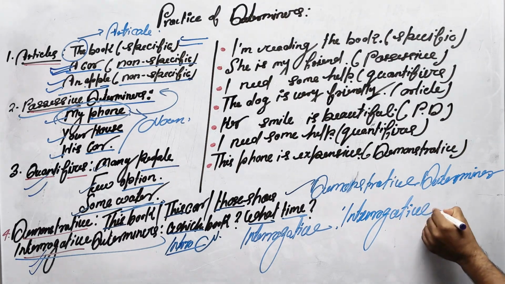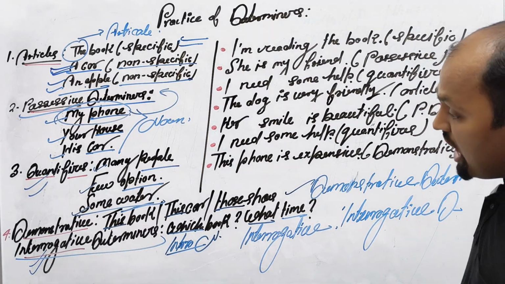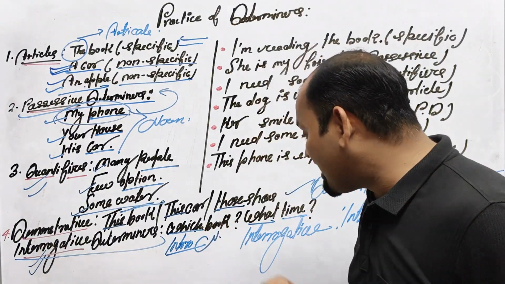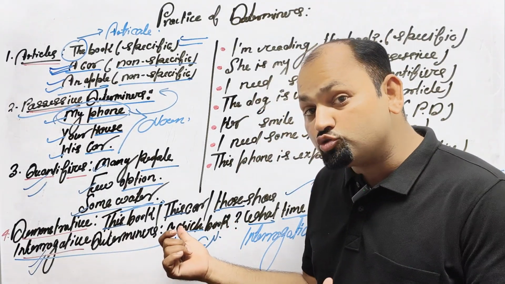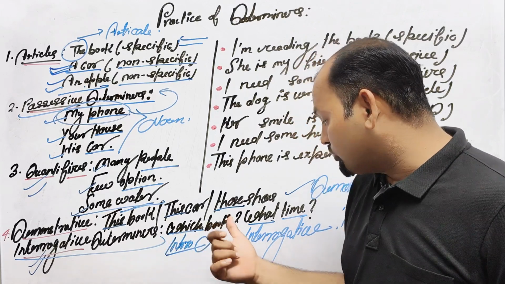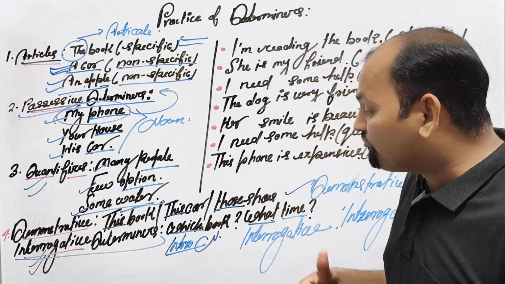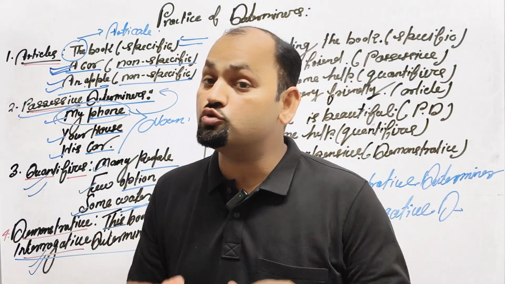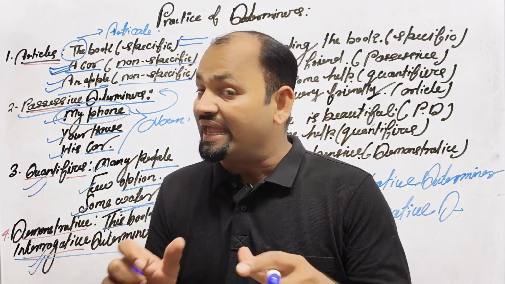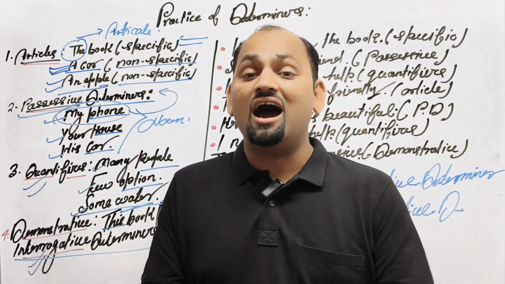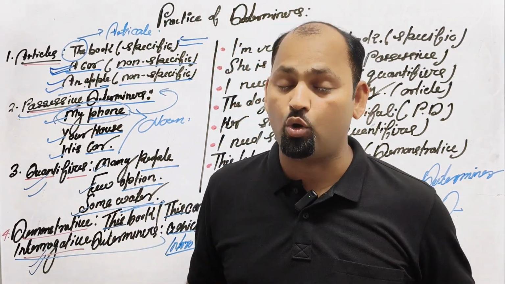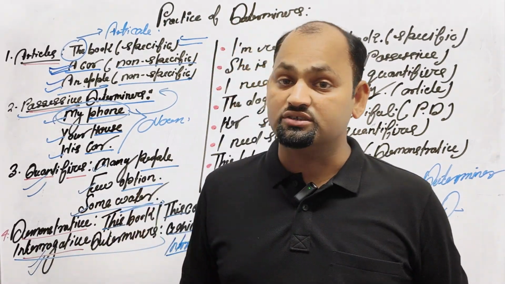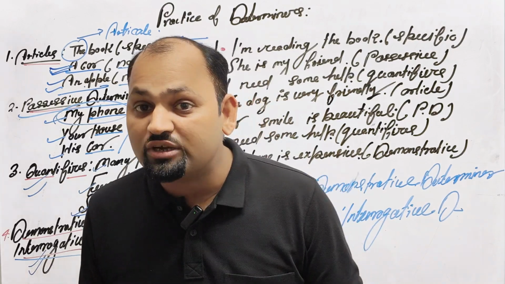Look at them along with the noun I use here: book is a noun, and which is an interrogative, so we can call it which book, and what time. Along with that noun, if you use any WH word, we can call it a determiner, not just interrogative. But in the sense of the interrogative, we can call it interrogative determiners. Perfect. Have you understood?